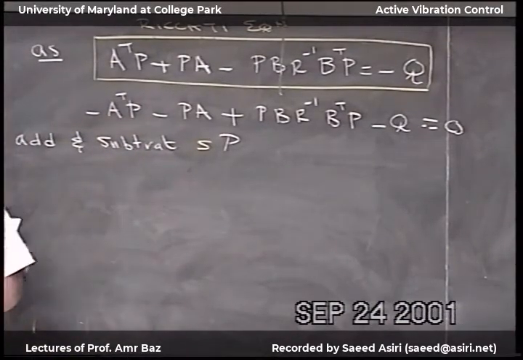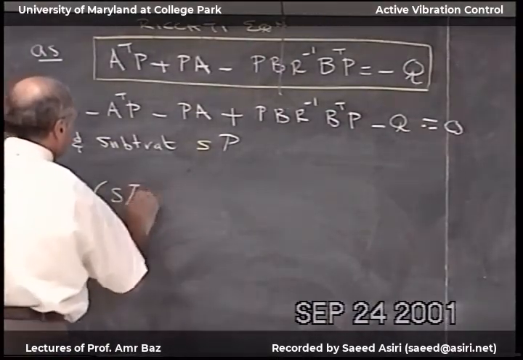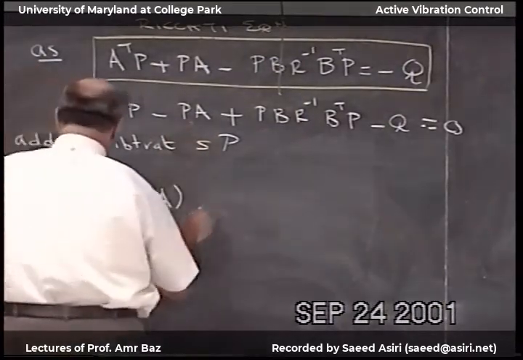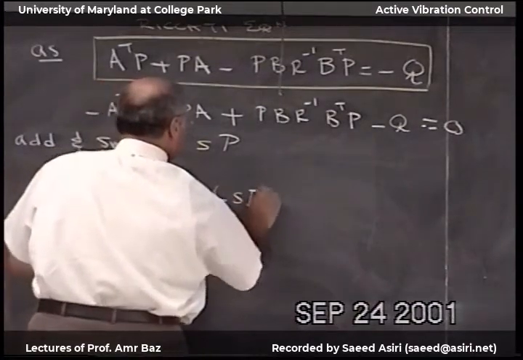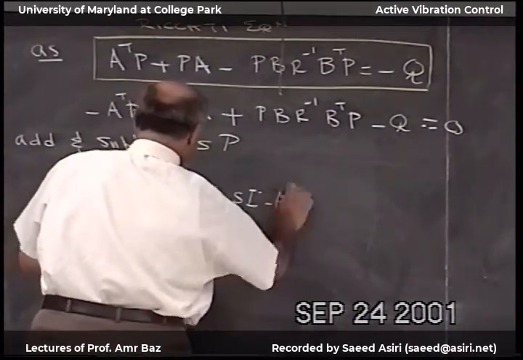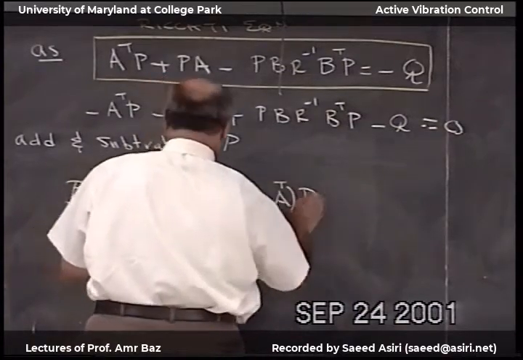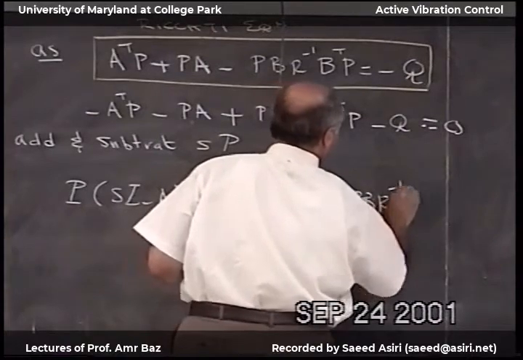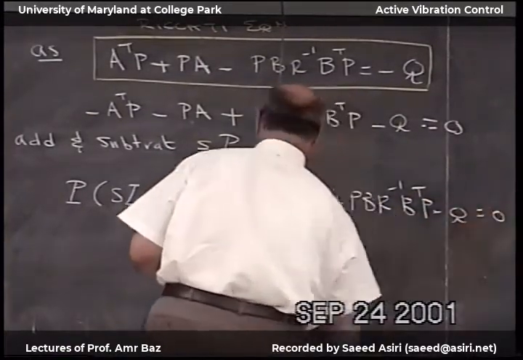So now we'll have P(sI minus A), which is this term, minus (sI minus A) transposed here, times P, and then P B R inverse B transpose P minus Q equals 0.